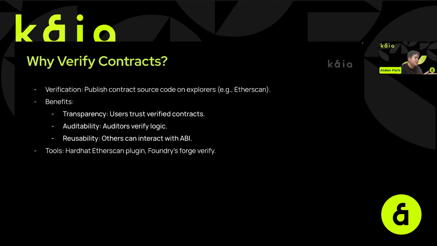And also, I think it's a minor benefit, but there is reusability: users can interact with the ABI directly on explorers, or interact on their other platforms or systems, like their local node or whatever. So that is another benefit.